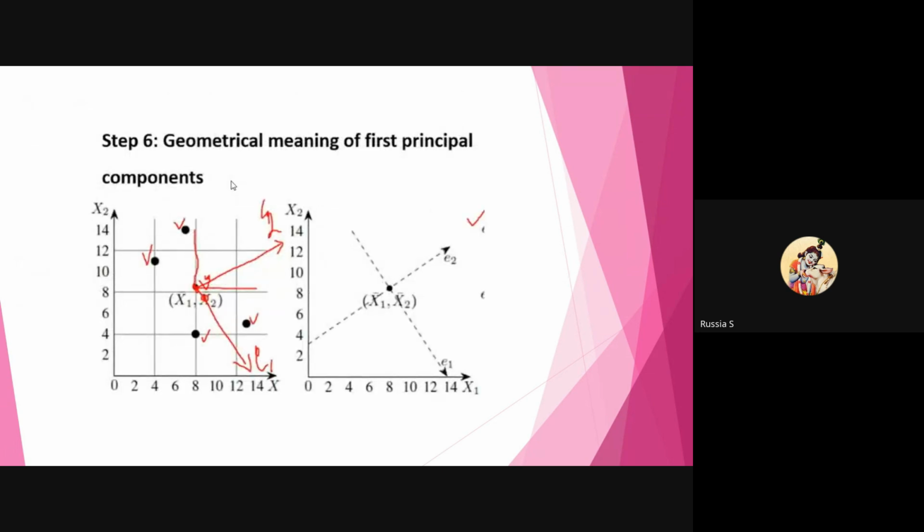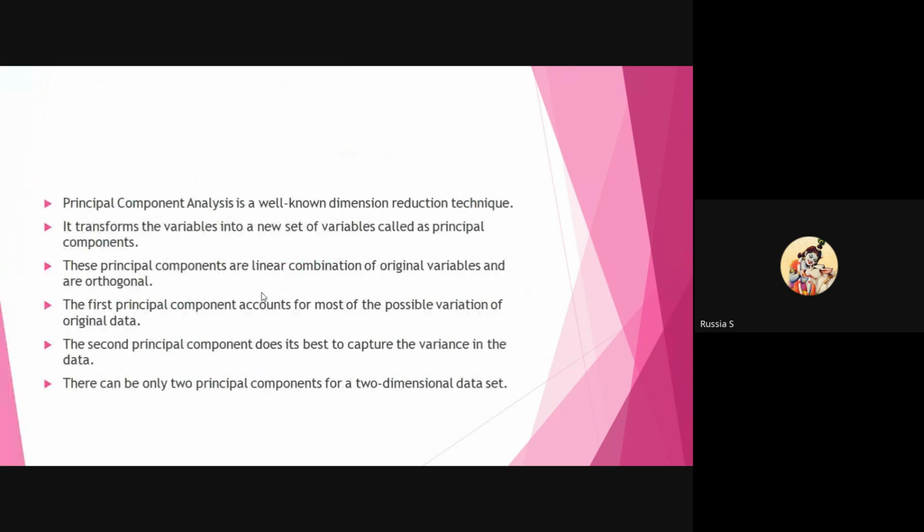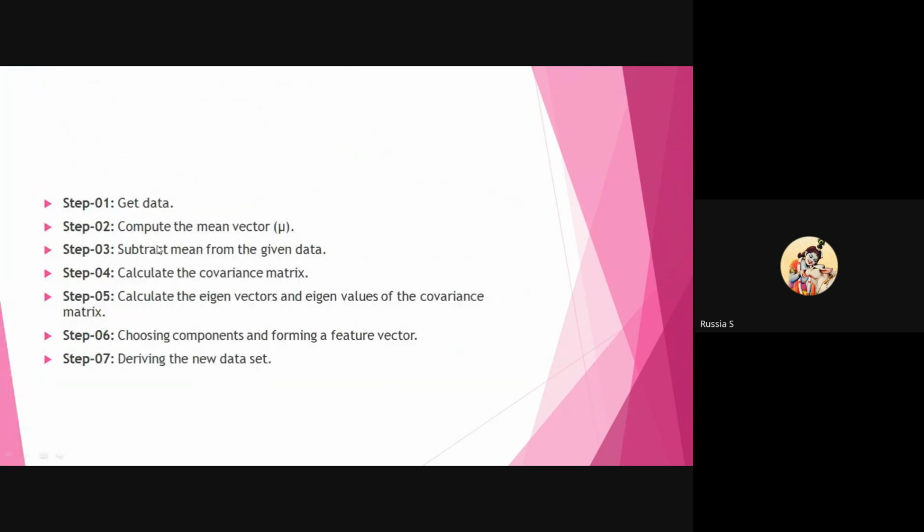The next step is the geometrical meaning of the first principal components. We already discussed the algorithm steps. Get the data, compute the mean vector, subtract the mean from the data, scaling the data.